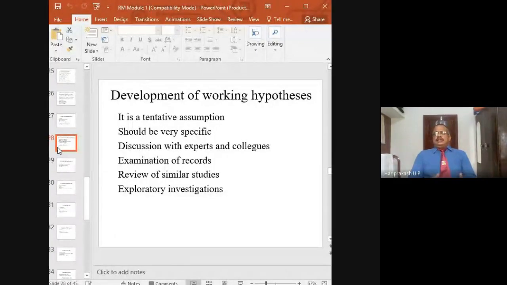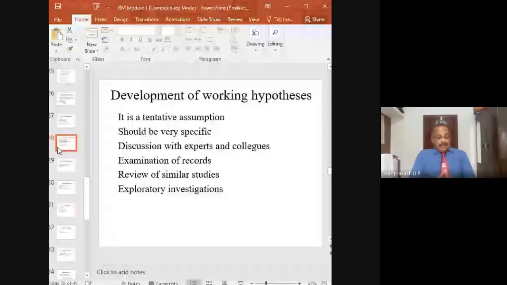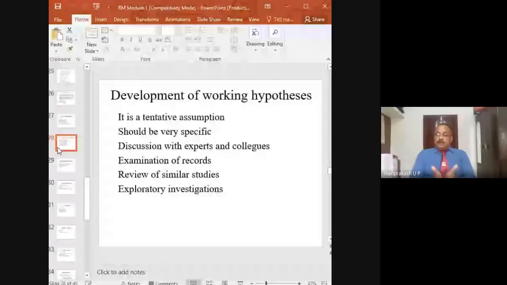Another example: in a general sense, rain has an influence on coffee production, coffee yield. The other day I told that same example. It is a general statement that I am telling. It is an assumption, so I have to prove it. How? I have to collect data about rain and coffee crop yield, year-wise for so many past years.